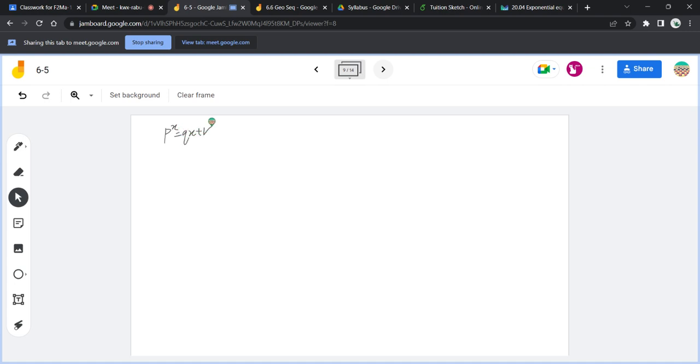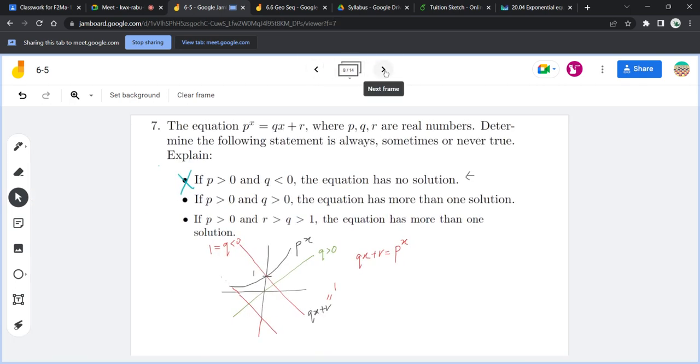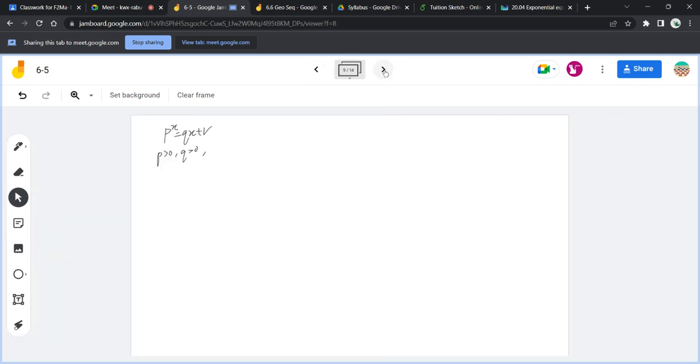Okay, so p to the power x equals qx plus r. So p larger than 0, q larger than 0. So we have more than one solution. I mean, if, then you have more than one.